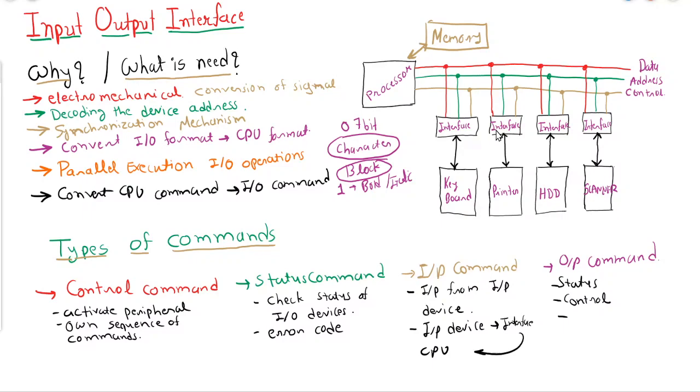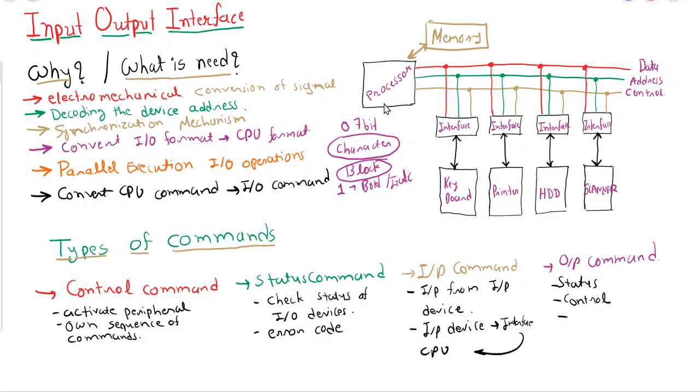Then the input output device will start reading the data which is placed by the processor into the interface. The processor then monitors the status. For a hard drive, the processor monitors the status of the platter by means of the status command. Then the processor issues the data output command, and the interface responds to the address and command and transfers the information from the data lines in the bus to its buffer register.